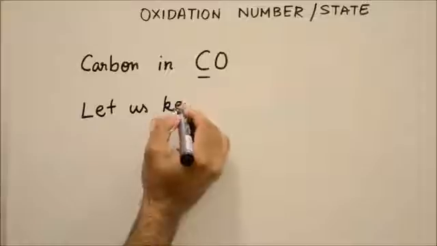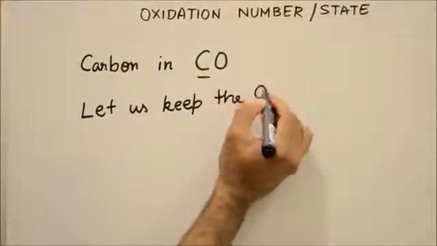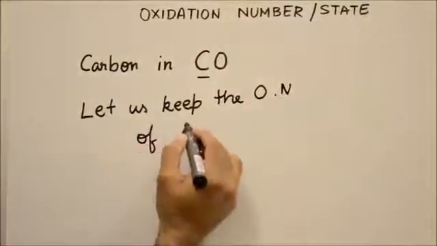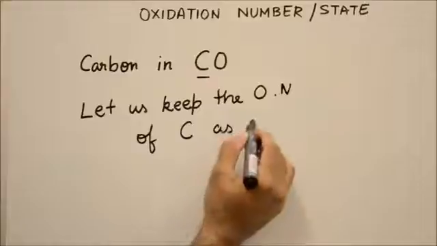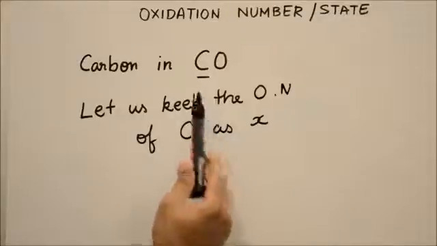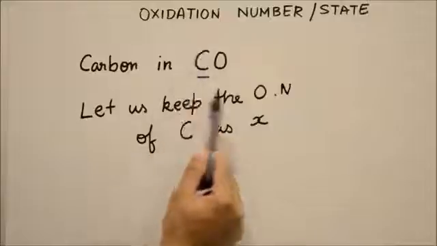We do not know the oxidation state of carbon, so let us keep the oxidation number of carbon in carbon monoxide as X. We have to do a bit of simple mathematics here in order to find out the oxidation number of the underlined element, that is carbon, in carbon monoxide.